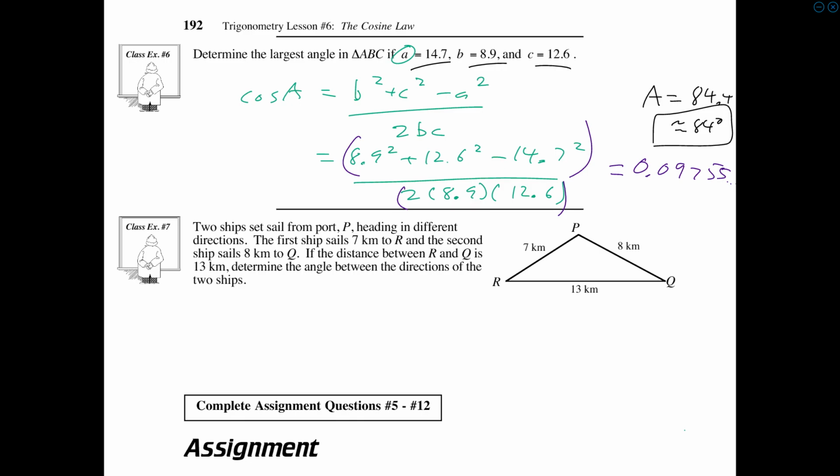Did anyone put this in and find this answer? No. Well, good. As long as we kept our top and bottom together, you should be fine. I think once you start doing this, you're going to find it pretty simple. But the most common mistakes are forgetting to do the inverse cos or not keeping the top and bottom together. Those are where you're probably going to be mistaken.